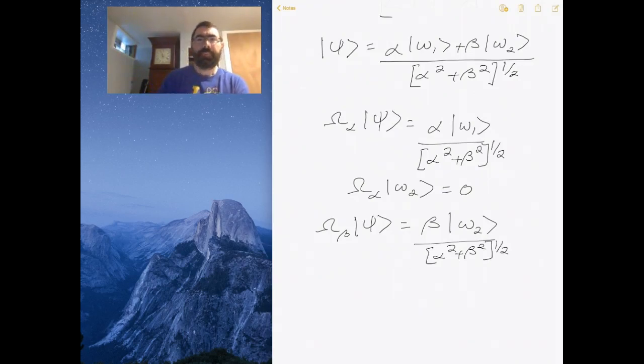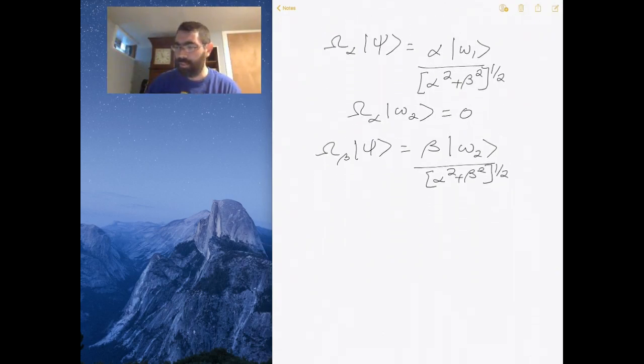In the end, what we get is a mathematical way of writing down the statement that the operator chooses the specific outcome of the measurement. In this case, there were two possible results. We could either end up in state omega 1 or state omega 2, and when we apply those operators, the operators choose them.